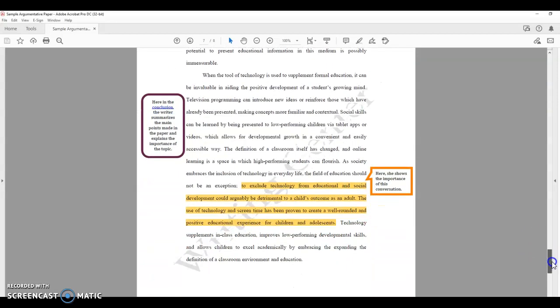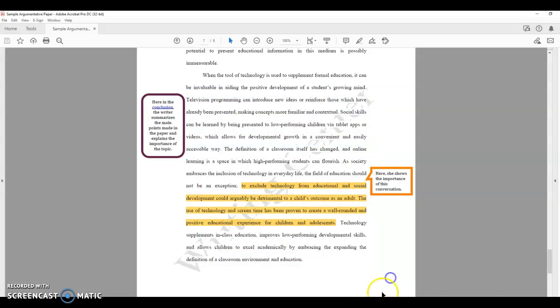All right, finally, in the conclusion, this is a very nice conclusion. It's about half a page long. What she does in this conclusion is summarize the main point. She also includes, here in the yellow highlighting, some information to demonstrate why the discussion is important.